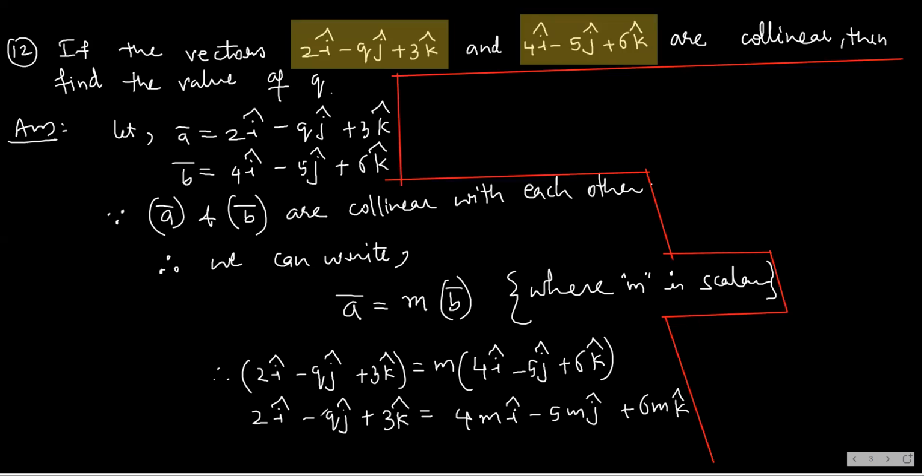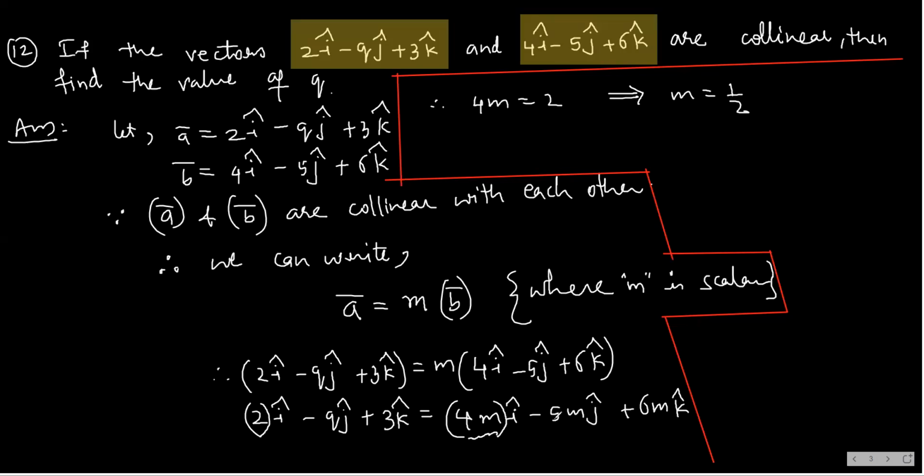I equate the coefficients of I cap first. On the right hand side, I cap has the coefficient 4m, and here I have 2. So therefore 4m equals 2. That gives me m equals 1 by 2. 2 by 4, that is 1 by 2.